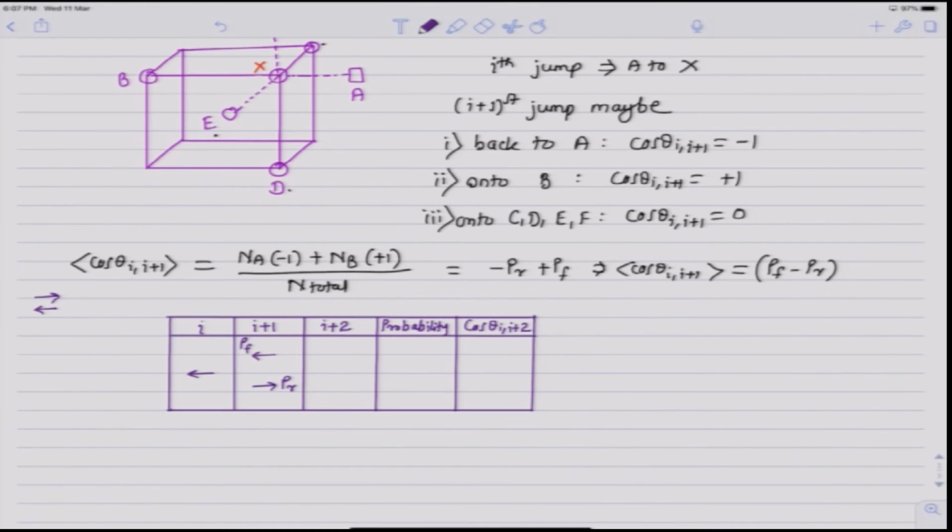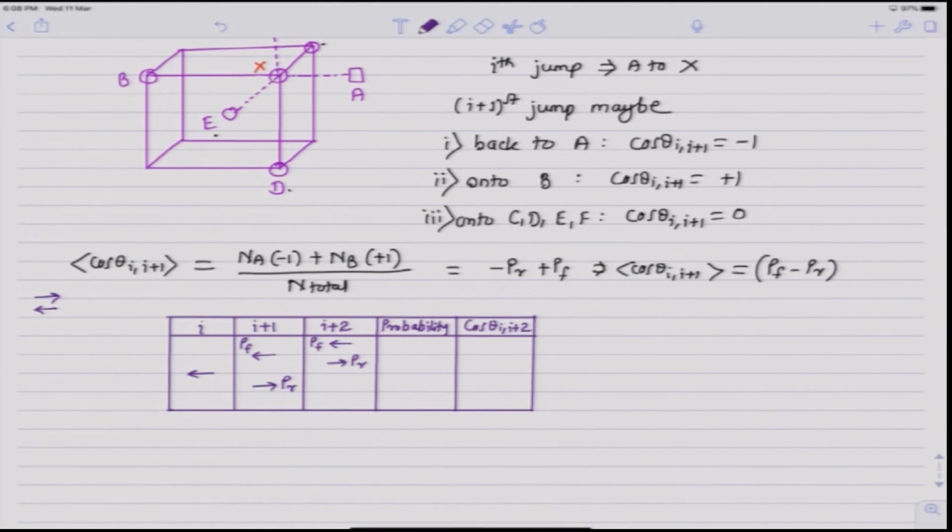Now, there will be 4 possibilities for the I plus second jump depending upon what was the I plus first jump. The I plus second jump might be again from right to left, the probability of which would be PF, because it is a forward jump with respect to the I plus first jump, the first possible I plus first jump, or it can be from left to right, the probability of which would be PR.